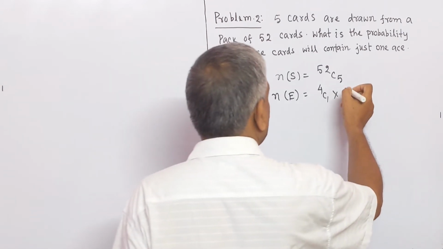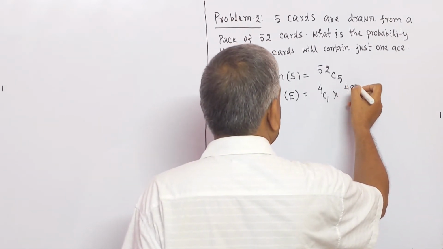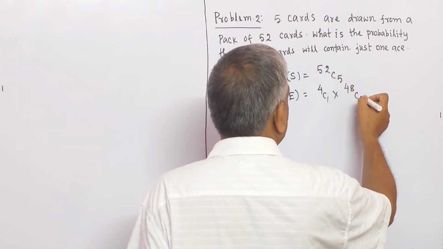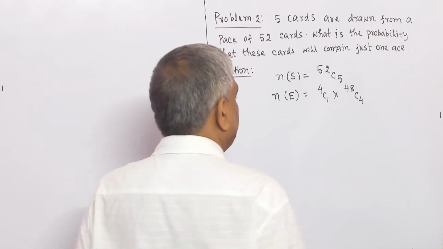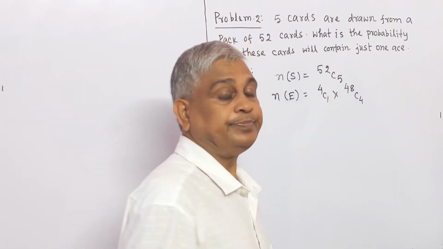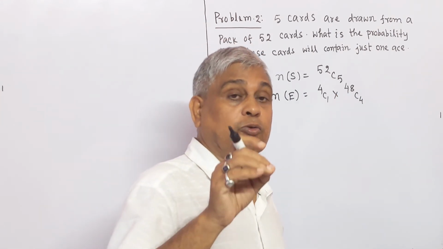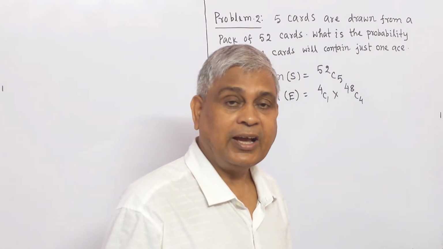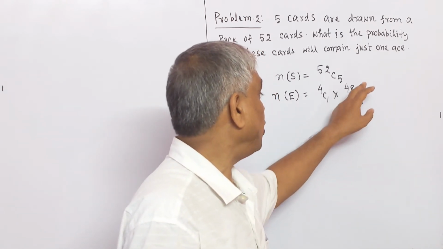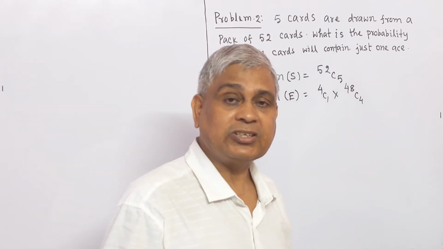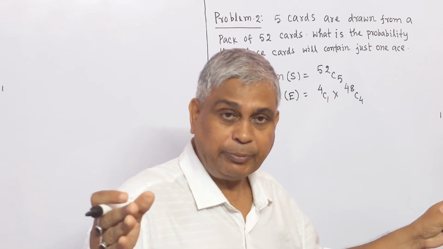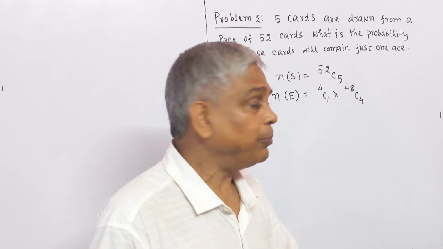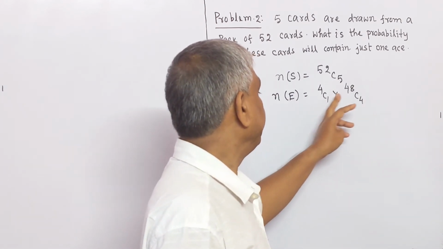So we have to select 4 cards out of 48 cards. Since to select one ace out of 4 aces and to select 4 out of the remaining cards, 2 works are simultaneously necessary, so number of ways will be the product of these two things.